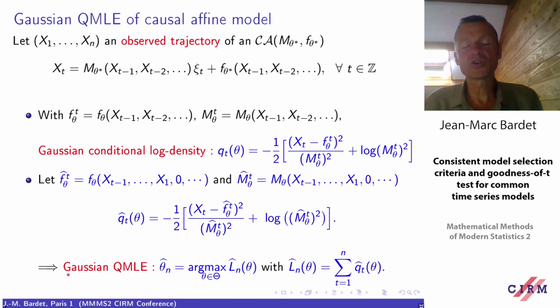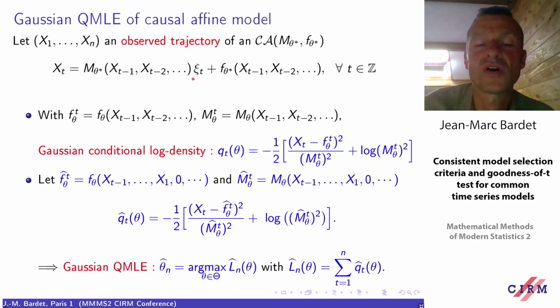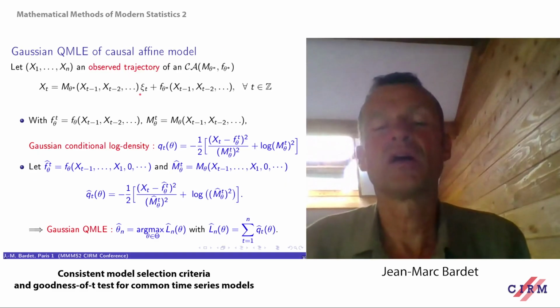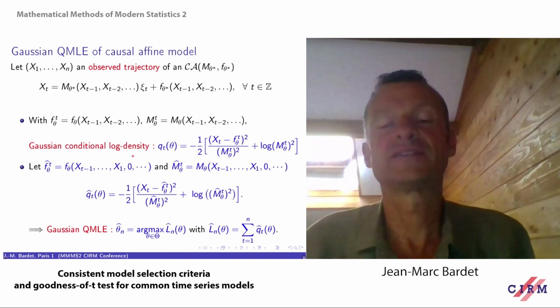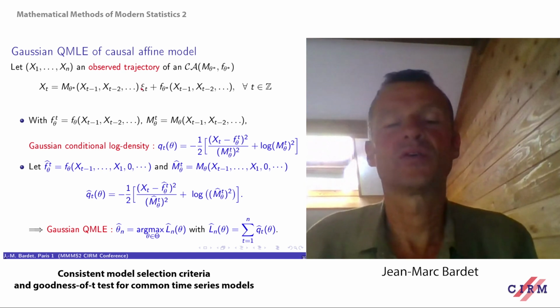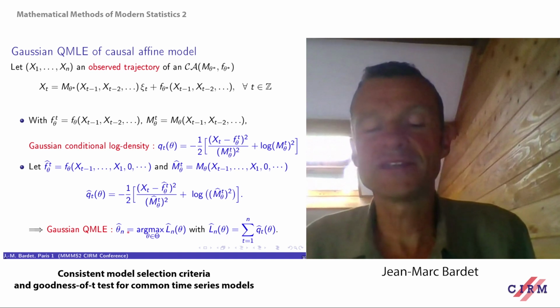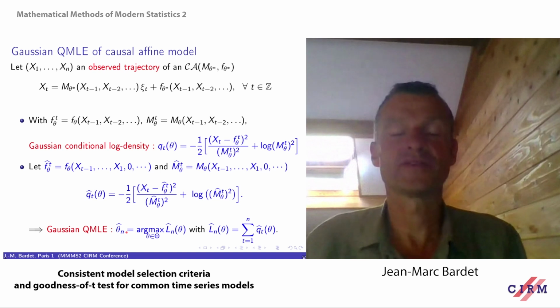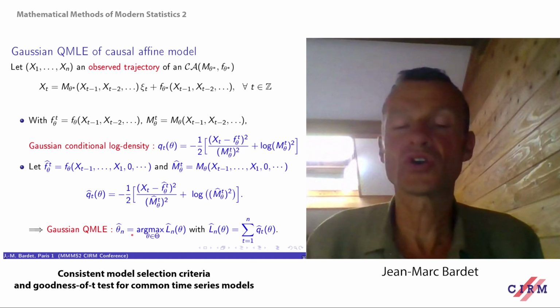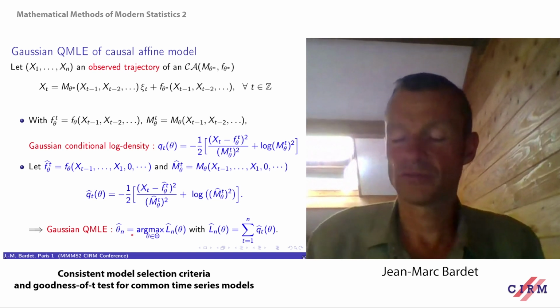Everything was done using the assumption that epsilon_t is a Gaussian white noise, but now we will forget that epsilon_t is Gaussian. We can use this estimator even when epsilon_t is not a Gaussian white noise.